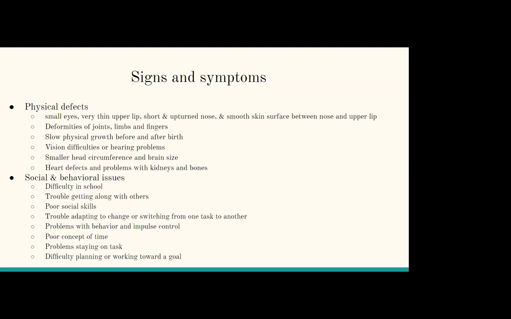Their joints, limbs, and fingers are deformed, and they have slow physical growth before and after birth. They have vision difficulties and hearing issues, a smaller head circumference, and their brain size is smaller as well. They have heart deficits and problems with their kidneys and bones as well.